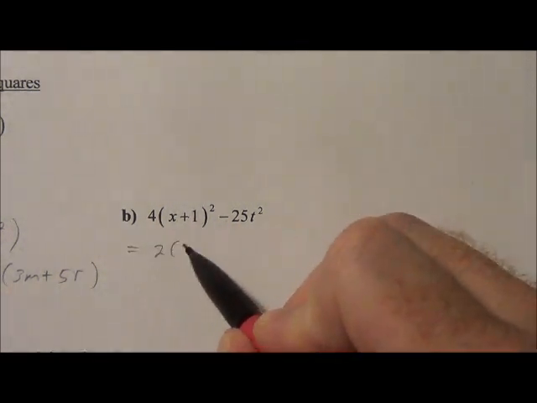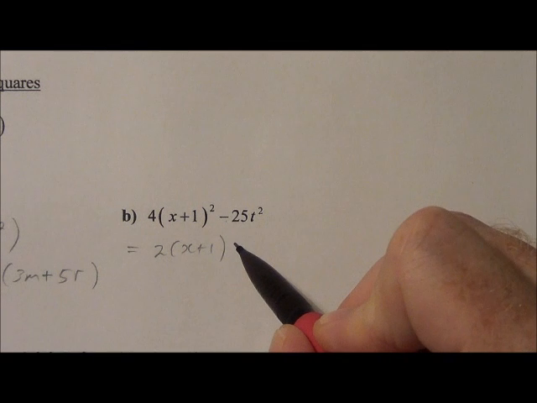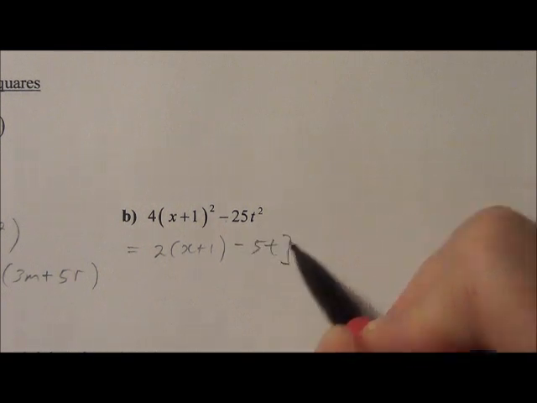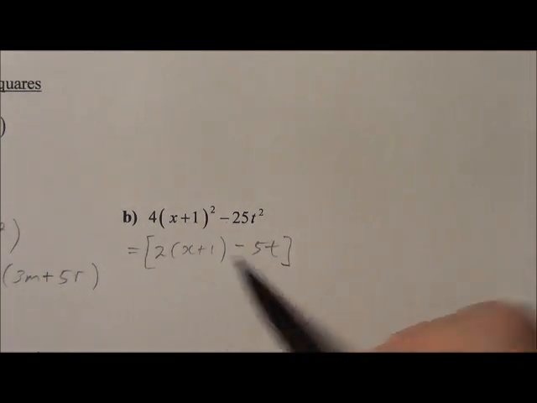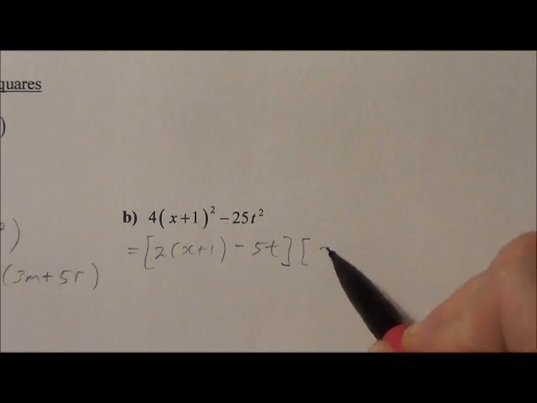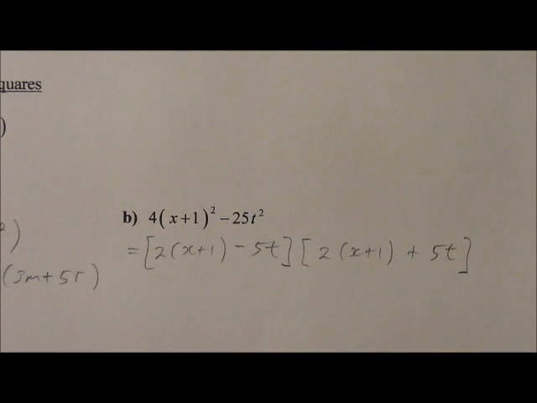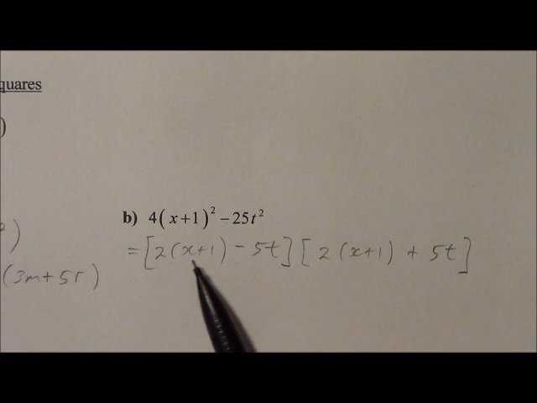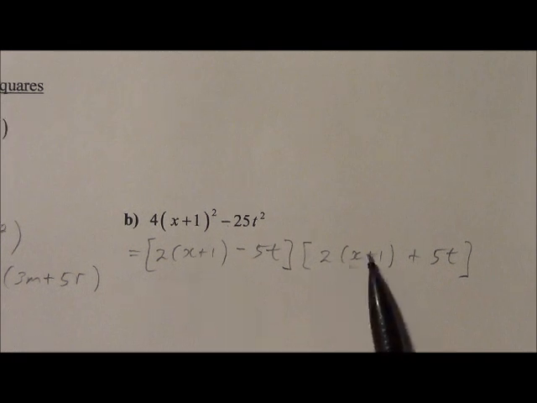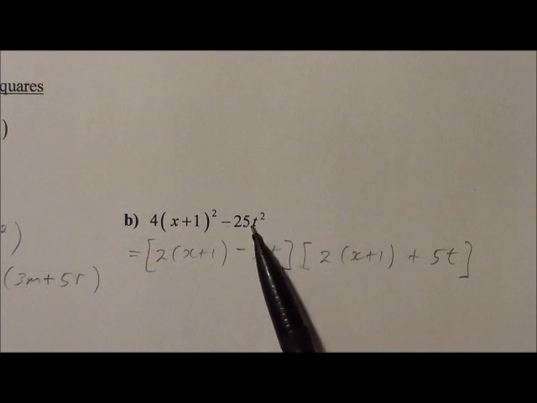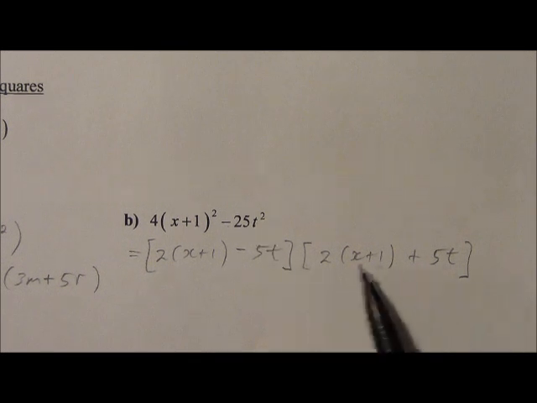So I'm going to have 2x plus 1 minus 5t. I'll put that in square brackets because we already have round brackets there. And then we've got 2x plus 1 plus 5t. A lot of times with these, when we expand out the middle part here, things simplify down even more, especially if perhaps there were an x here, but because we have two different variables, it's not going to simplify too much.